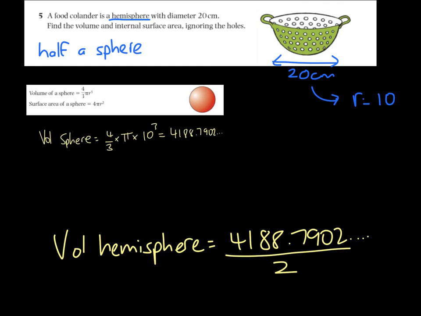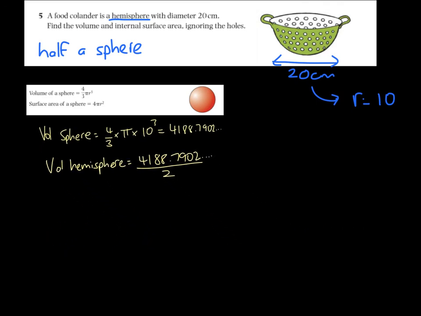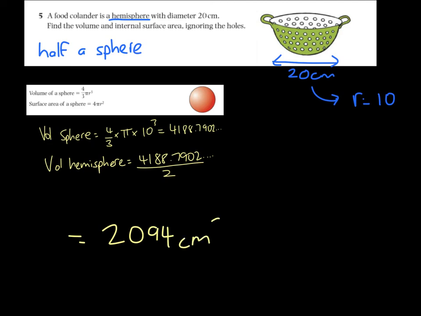So my answer is going to be 2,094 centimeters cubed. Now let's shrink that down and put it up with the rest. There's our answer done for the volume.